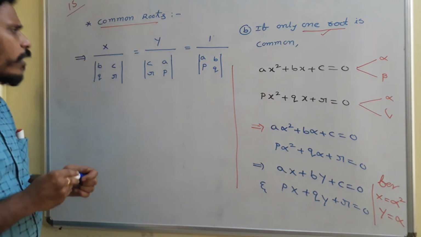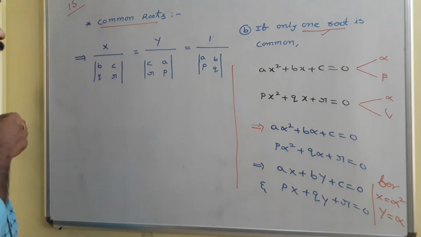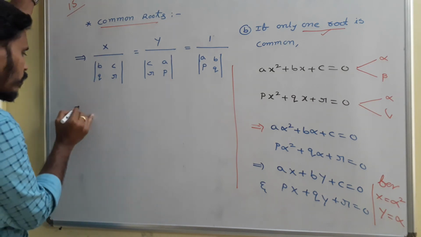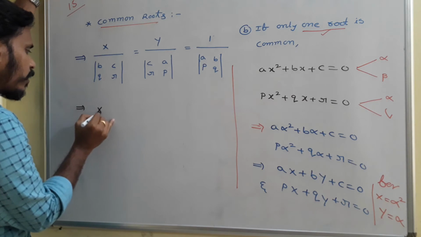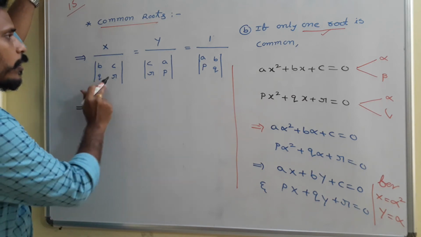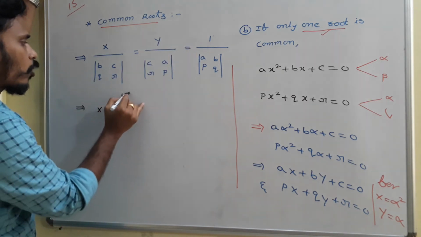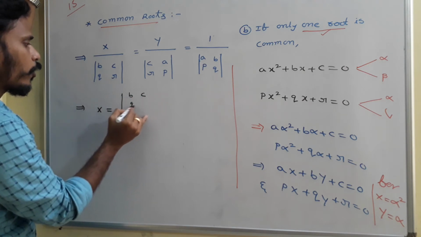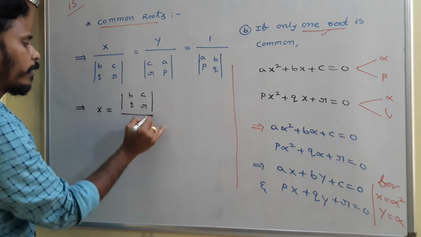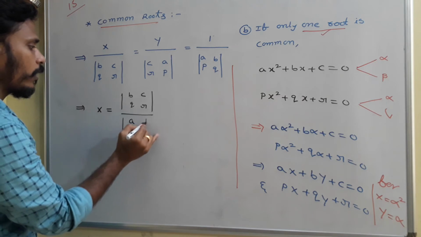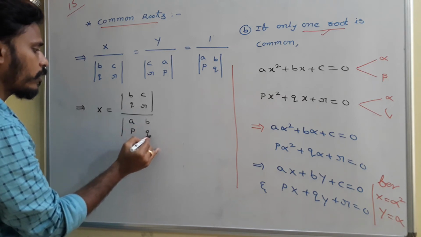Now what to say about x and y is very clear. X is equal to, you send this to that side, determinant of BC QR divided by determinant of AB PQ. Is it clear?